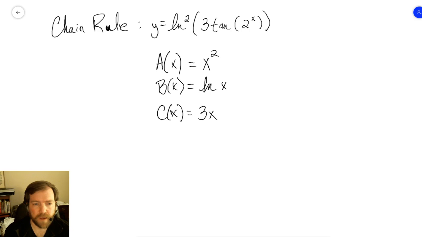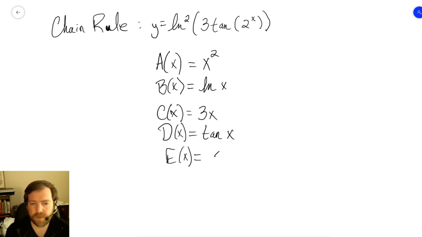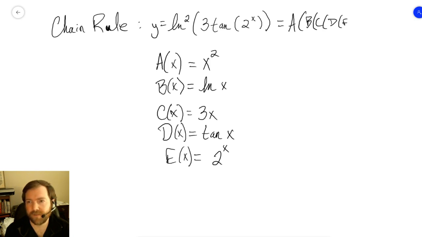It's not a big deal. d of x, go inside one more, is the tangent of x. And e of x is going to be 2 to the x. Now, at its heart, this is the function a of b of c of d of e of x. 1, 2, 3, 4, 5, 4, 3, 2, 1, 0. Cool.